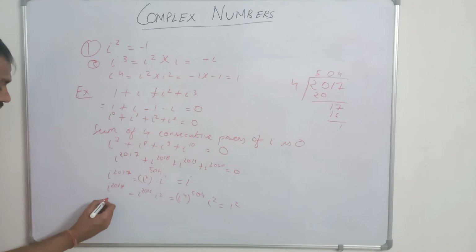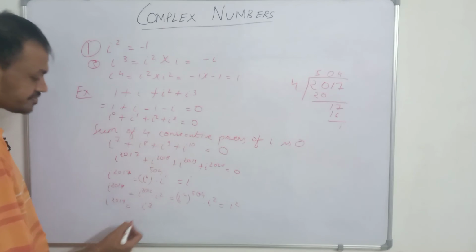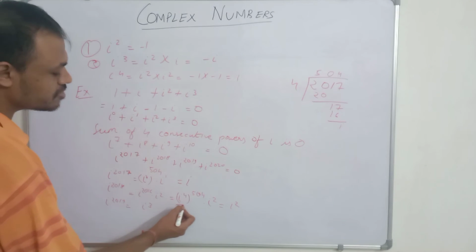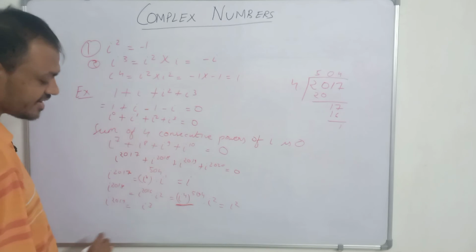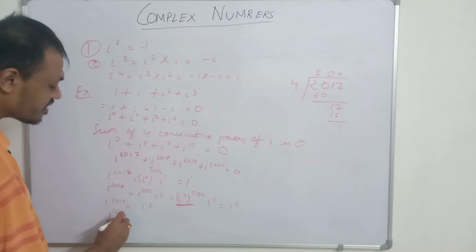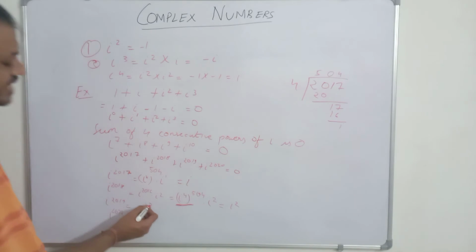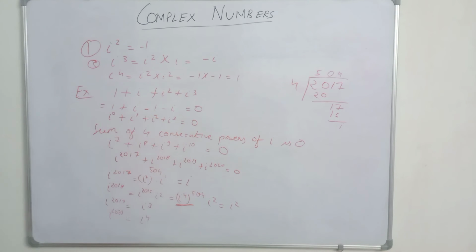Similarly iota to the power 2019 you can write as iota cube, because iota to the power 4 is 1, and 1 to the power anything is equal to 1, and iota to the power 2020 you can write as iota to the power 4. So again iota plus iota square plus iota cube plus iota to the power 4 will be equal to 0. So these are very important questions on properties of complex numbers.